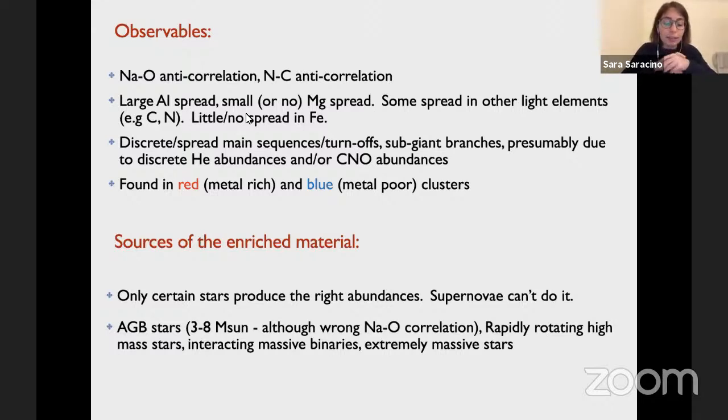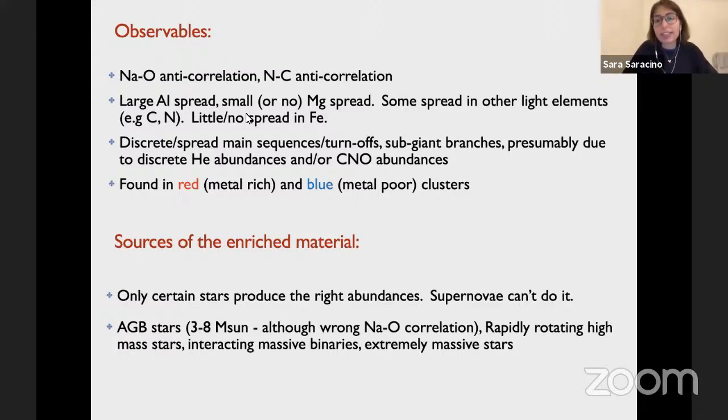For sure we can remove the idea that multiple populations are somehow metallicity dependent, because globular clusters with multiple populations have been observed in the metal-poor regime and in metal-rich ones. So we have to find somewhere else the origin of multiple populations.